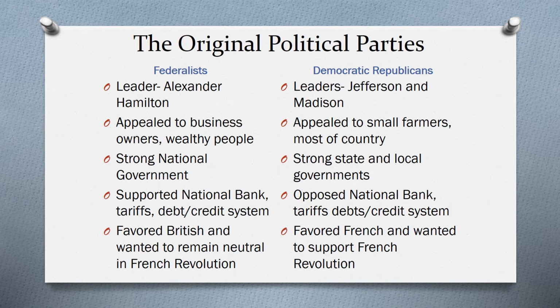And what Alexander Hamilton proposed was that the national government, the United States government, take up all the debts of the individual states that they incurred during the Revolutionary War. So basically, Massachusetts took out a loan from other countries like France to help fight the Revolutionary War. Virginia took out a loan. South Carolina took out a loan.